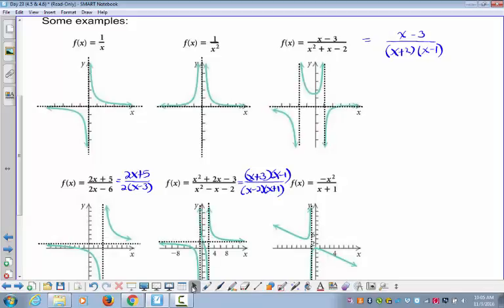So those are the two ways you have a horizontal asymptote. If the degrees are the same, the quotient of leading coefficients. If the degree in the denominator is larger, then the x-axis is a horizontal asymptote. All right. So, can horizontal asymptotes be crossed?